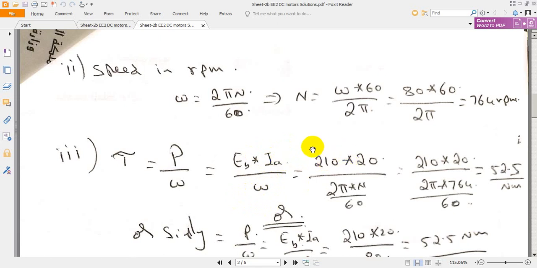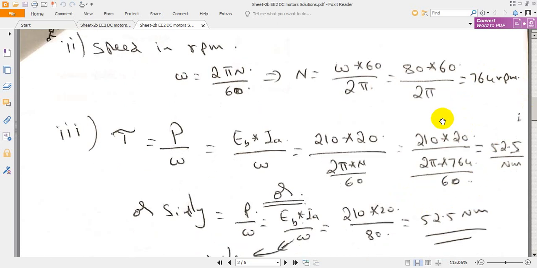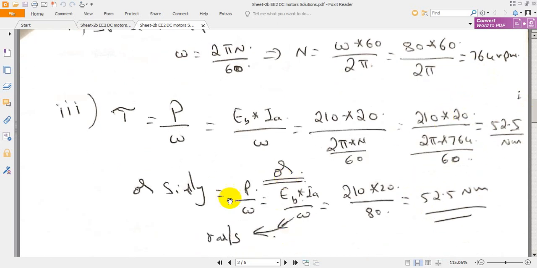So just substitute the value of Eb, Ia, and 2 pi n by 60: 210 into 20 divided by 2 pi into the n value we got, 764 divided by 60, you will get 52.5. Or simply you can go for P by omega if it is in radians per second. P is Eb into Ia and omega is 80. So 210 into 20 divided by 80, 52.5.